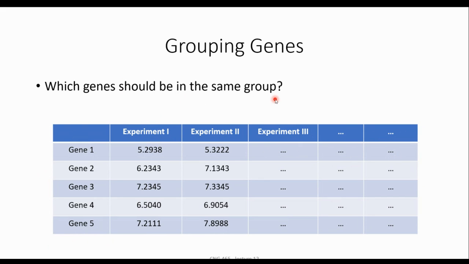Now, we want to see which method we can use in order to group them. But first, when you have such data that you have different values for each one of the experiments for the same gene, you see, for the same gene you have different values. This is actually tricky because if you are measuring a specific gene expression, these numbers could be mRNA level, they could be protein level.